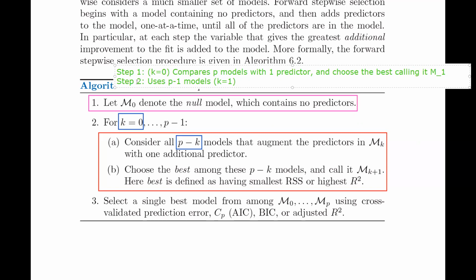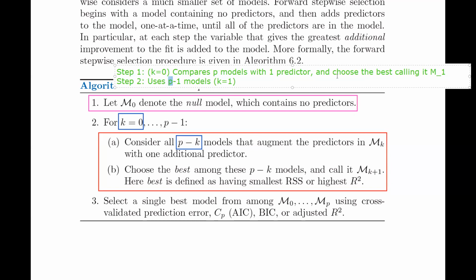So now in step 2, you've chosen the best in step 1. So you've chosen a parameter. If it's, I don't know, a model predicting how well students do in their exams, and you have p characteristics, you've chosen, for instance, the number of hours they spend studying every day.